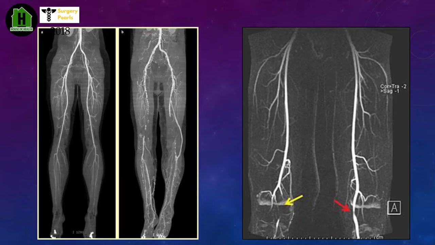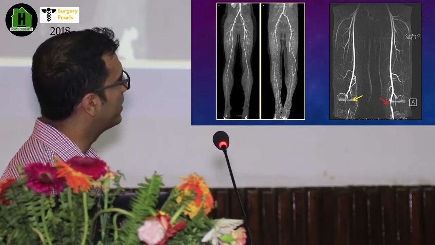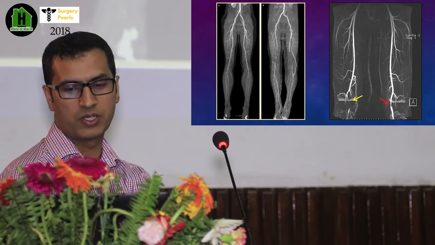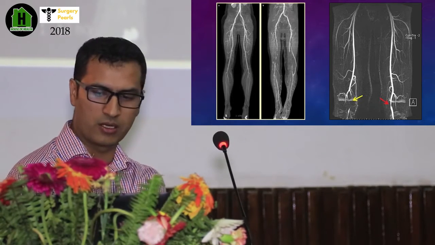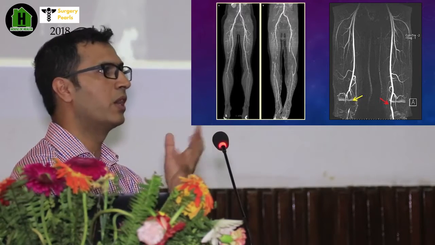Here in the second picture, there is occlusion of the artery, and there is stenosis. This red arrow shows the stenosis of the artery where thrombosis can occur. In such settings, embolectomy alone might not help these patients.